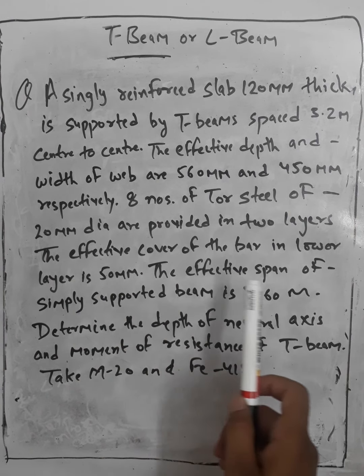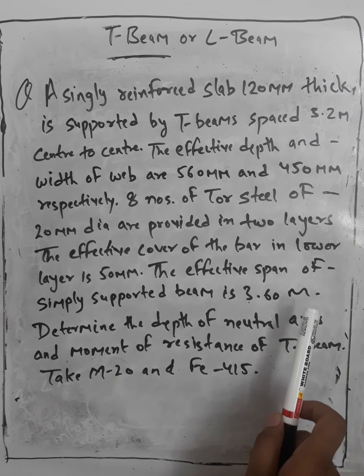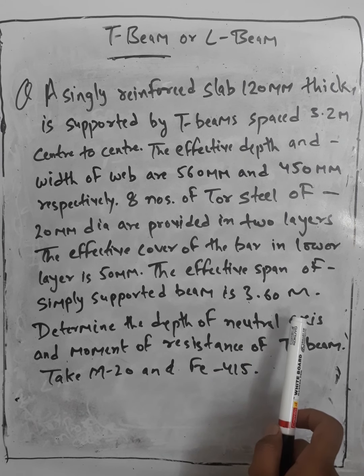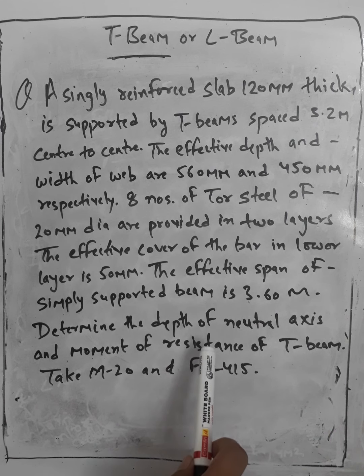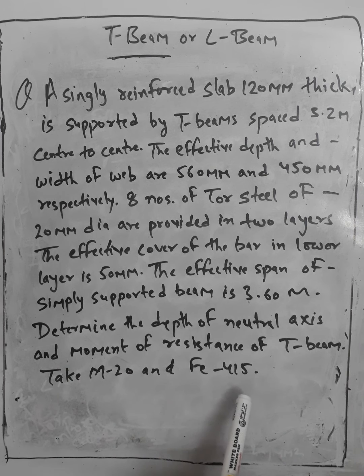The effective cover of the bar in lower layer is 50 mm. The effective span of the simply supported beam is 3.60 meter. Determine the depth of neutral axis and moment of resistance of the T-beam. Take M20 and Fe 415.